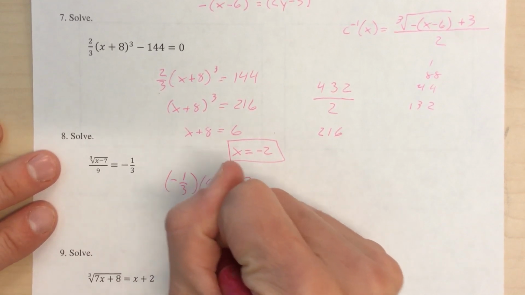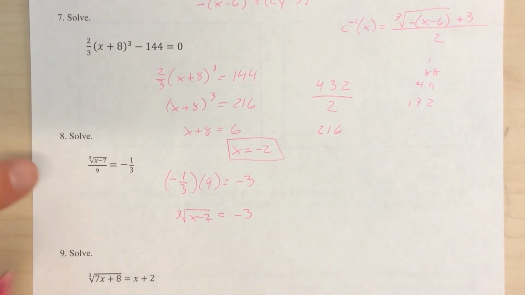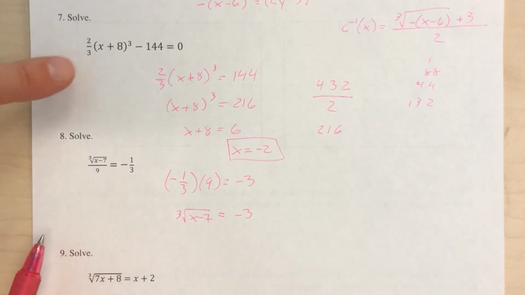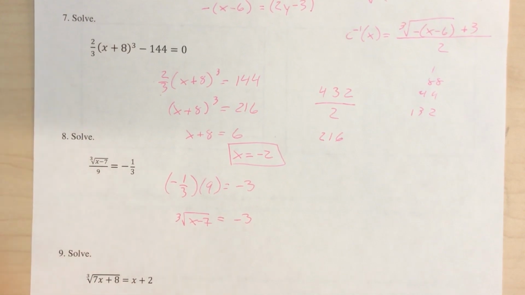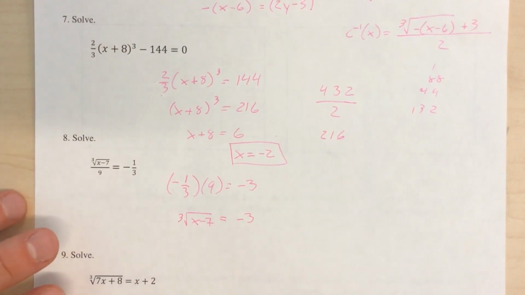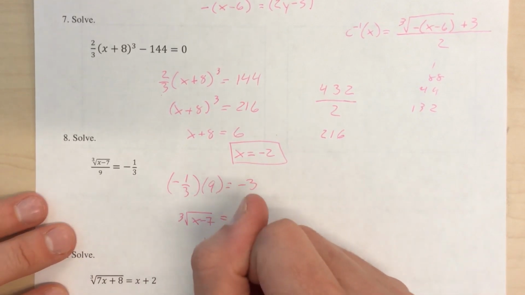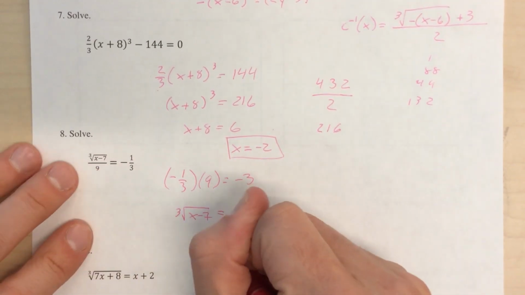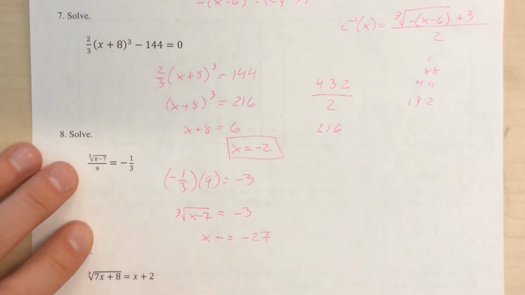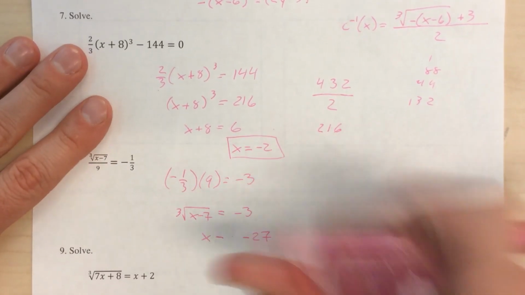We've got the cube root of x minus 7 is equal to -3. Now, 8 is the opposite of 7, so in 7 you needed a cube root to get rid of that. Here, we're going to be cubing to get rid of the 3. So -3 is going to get multiplied by itself 3 times, which is going to give you -27. Well, that doesn't look right, does it?